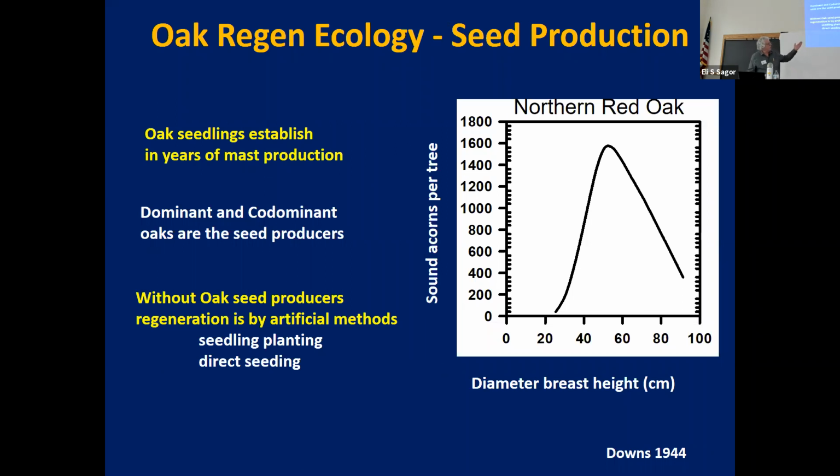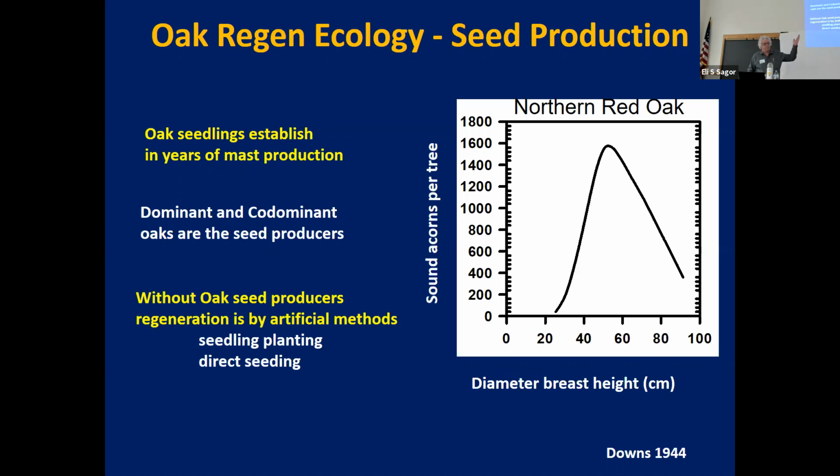What do we know about acorn production? It varies with tree age and tree diameter and characteristics of the crown. Not all trees are good acorn producers. There is genetic variability there. It's the dominant trees, the big crown trees that are going to be better able to reach their genetic potential in acorn production.